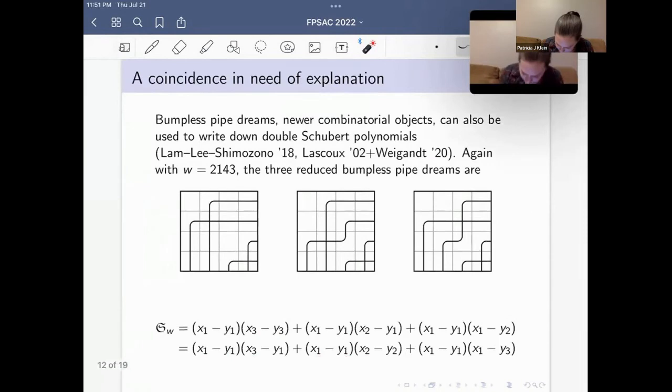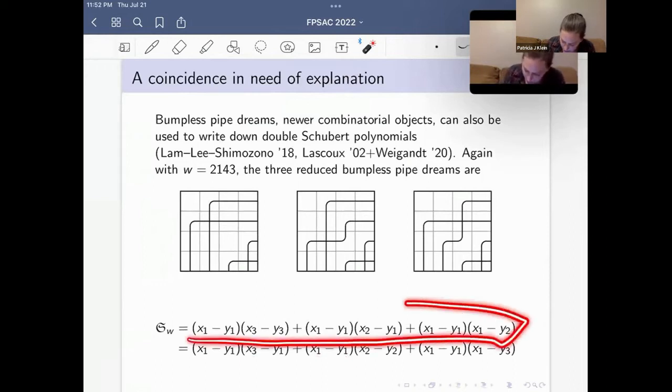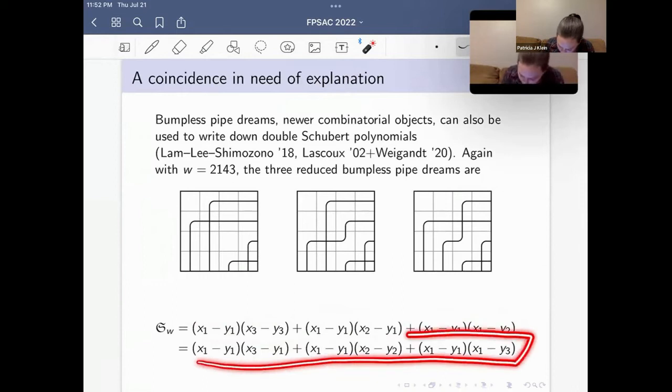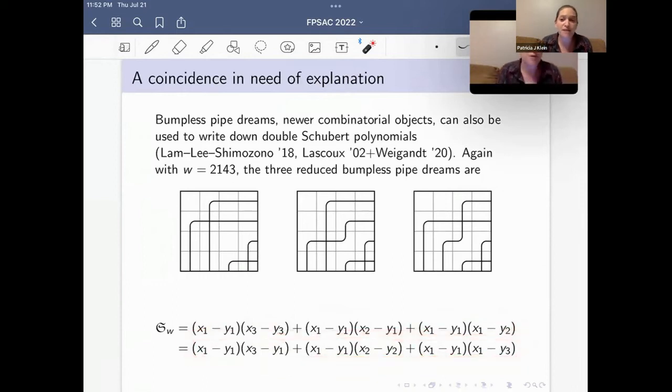Okay, so I'm saying this is a coincidence in need of explanation. What I mean by that is that here is the formula for the double Schubert polynomial that we get from the bumpless pipe dreams. Down below is the formula for the double Schubert polynomial that we got from pipe dreams.